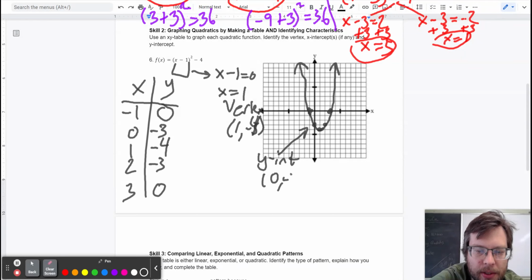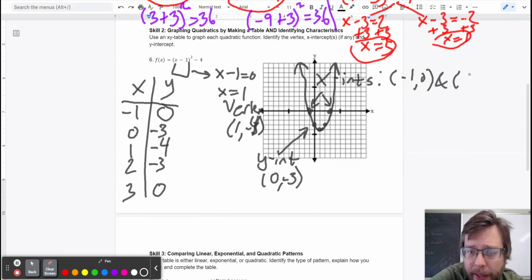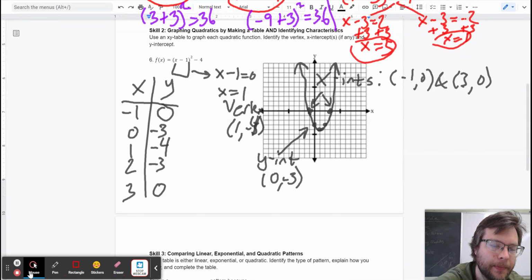Your y-intercept is 0, comma, negative 3. And you have two x-intercepts right there. The x-intercepts are negative 1, comma, 0, and 3, comma, 0. So there you go for skill number 2.